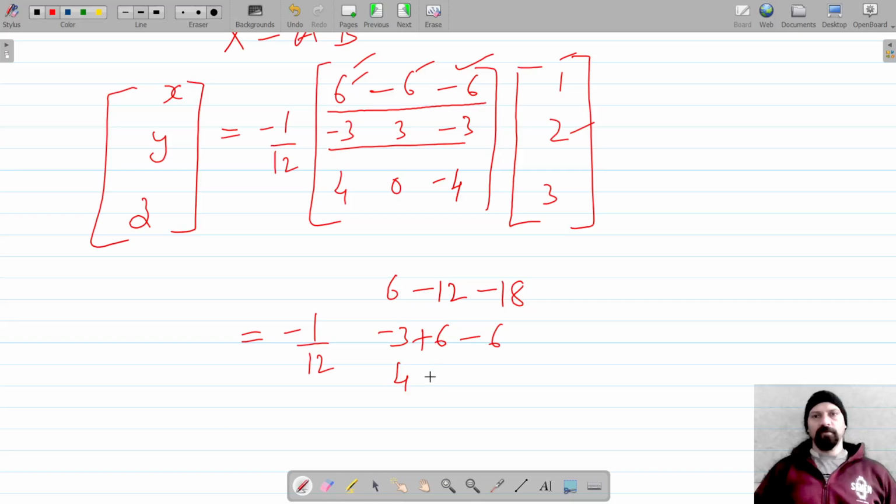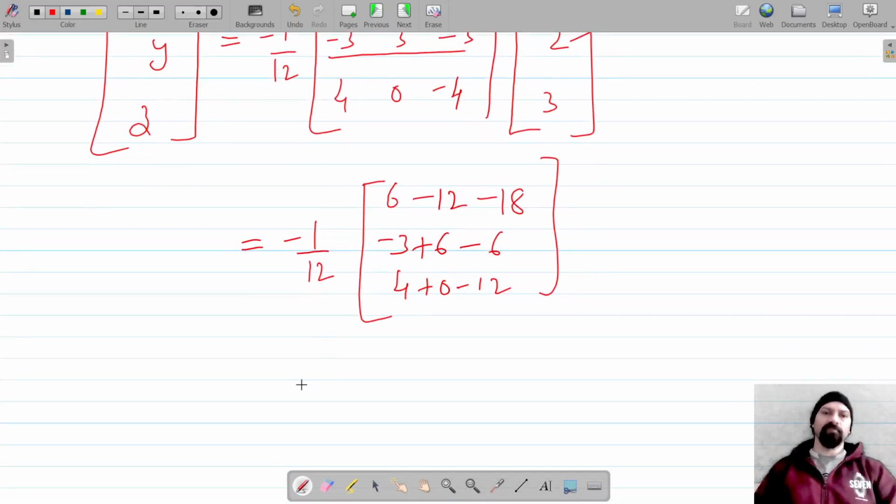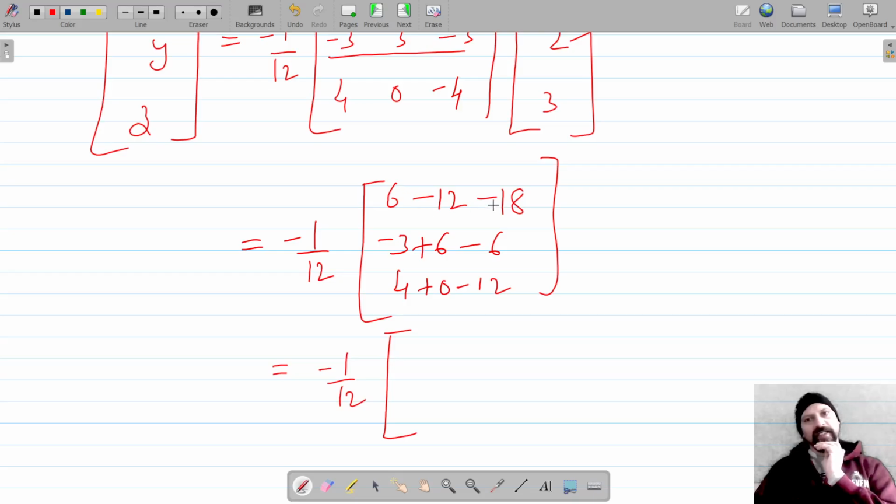Then 4 and 0 and negative 12. This is equal to negative 1 by 12 times: 6 minus 12 is negative 6, minus 18 is negative 24. This is negative 3. 4 minus 12 is negative 8.